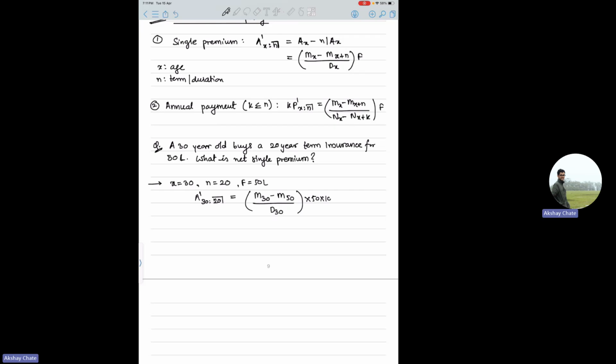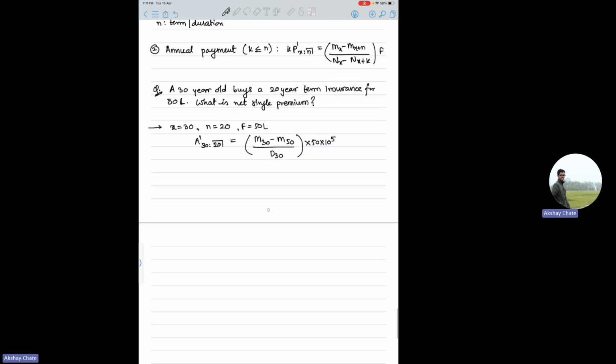Then what is M30? We have to go back to our table. M30 comes out to be 2988.23.